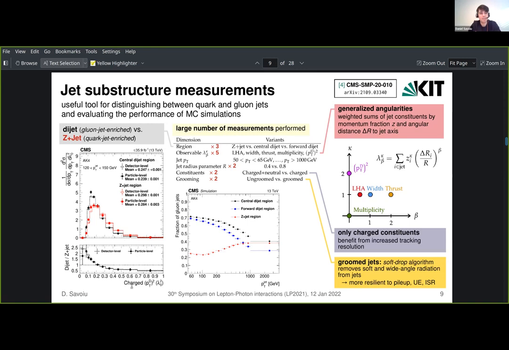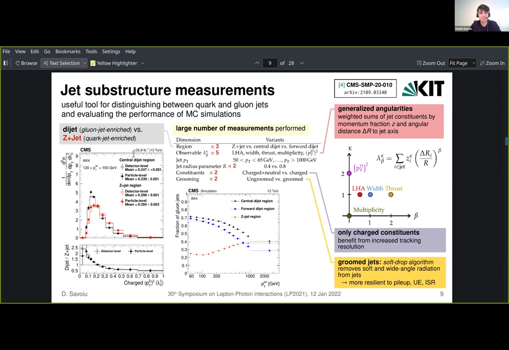This is a comparison of a dijet and a Z plus jet sample. The main difference between these samples is that they have various proportions of gluon-initiated jets and quark-initiated jets. So a distinction here would mean that you can distinguish very well between the two flavors with this variable. And indeed, you see that the peak and the mean value of the distribution are slightly shifted depending on which sample you look at.